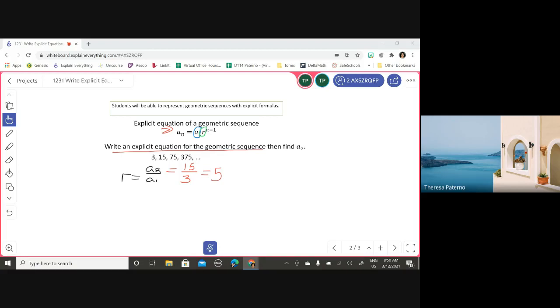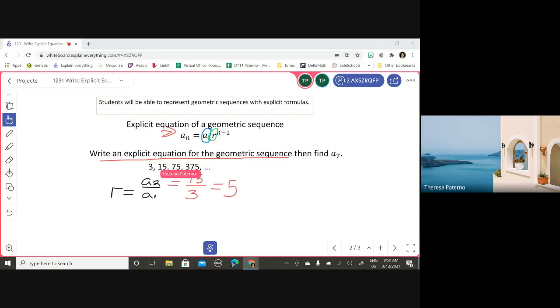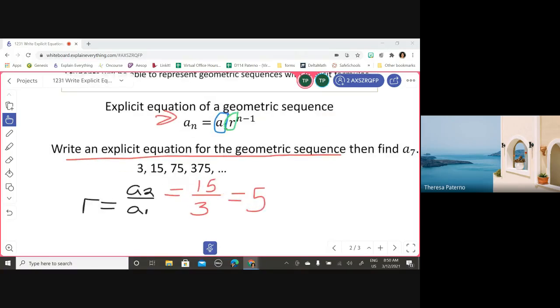We also need our a sub 1. Let me zoom in on this formula here. I'm going to erase because I don't know if you can see. There we go. So we also need to plug in our a sub 1, and then we will have our formula. Our a sub 1 for this problem was 3. Once we plug those two numbers in, we have the explicit equation of the geometric sequence.